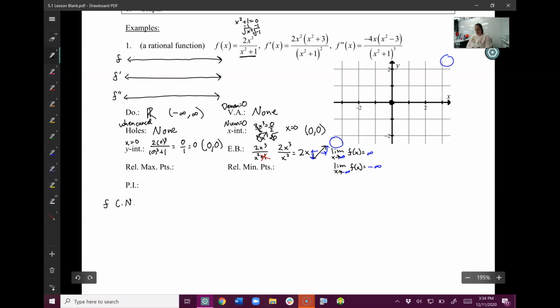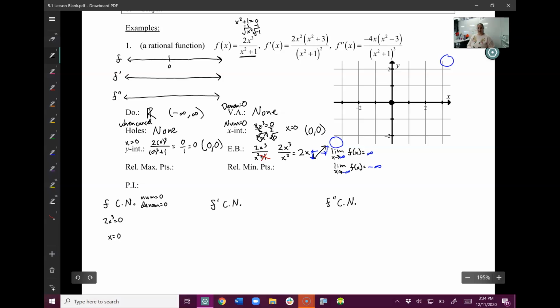So I'm going to find my f critical numbers, my f prime critical numbers, and my f double prime critical numbers. And critical numbers are essentially shortcut where the numerator is 0 and the denominator is 0. Those are your critical numbers. So if I look at my original f, set my numerator equal to 0 and solve that out, I'm going to get a critical number at 0.